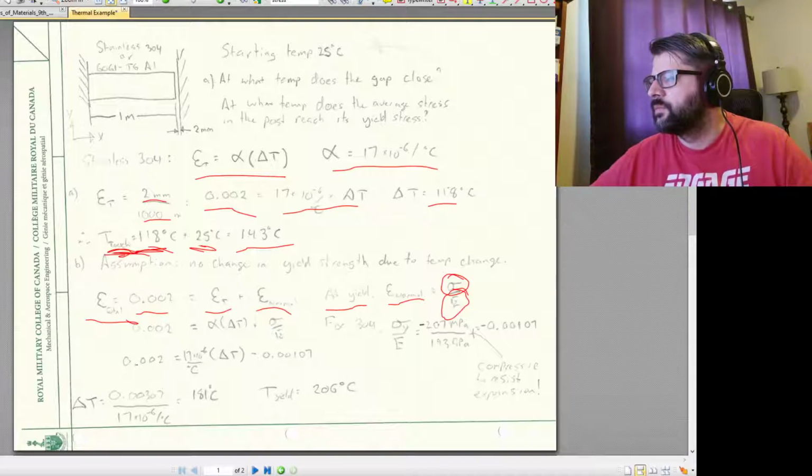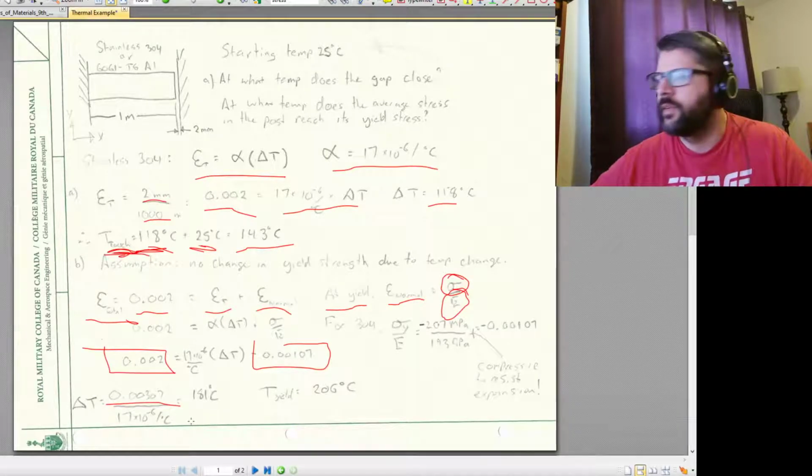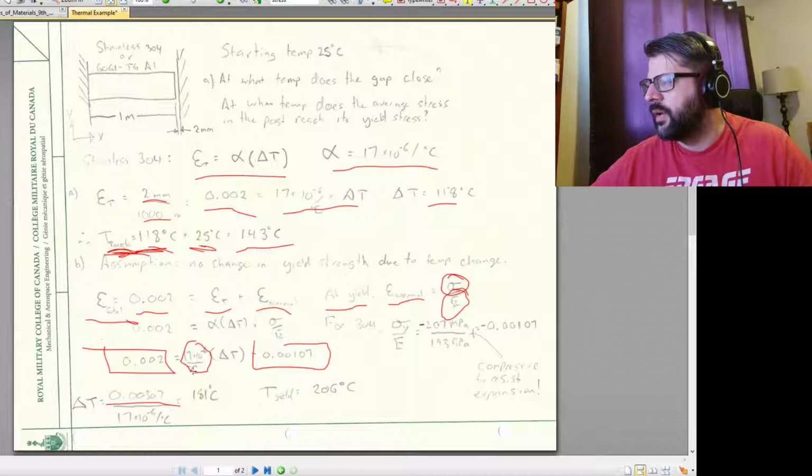So just plugging that in, we move this over to the other side, add together to get that, and then divide by our coefficient of thermal expansion, and we get a delta T of 181 degrees Celsius.